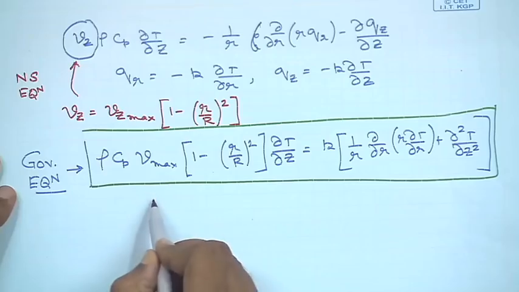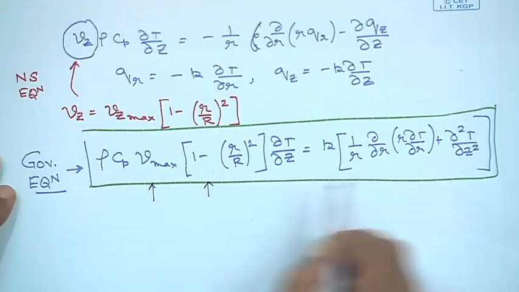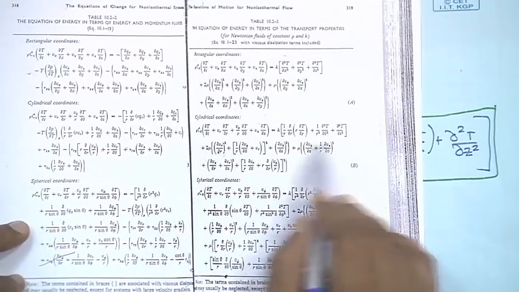First, I write the energy equation without taking into account the viscous dissipation term, which is neglected in this specific case. I start today by trying to see if we can obtain the same governing equation by writing the energy equation in cylindrical components and cancelling the terms which are not relevant. My goal is to obtain the same equation through the use of the energy equation in cylindrical coordinates.